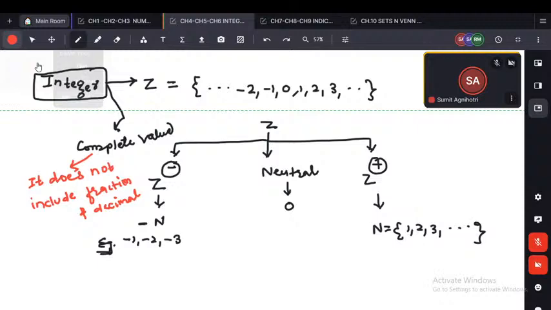If you want to represent 2 over 3, you can draw a circle and divide this circle into 3 equal parts, making 120 degrees each. Then this portion represents 1/3. This portion also represents 1/3, and this one too.